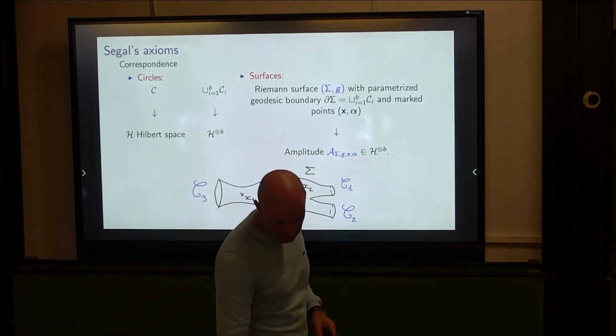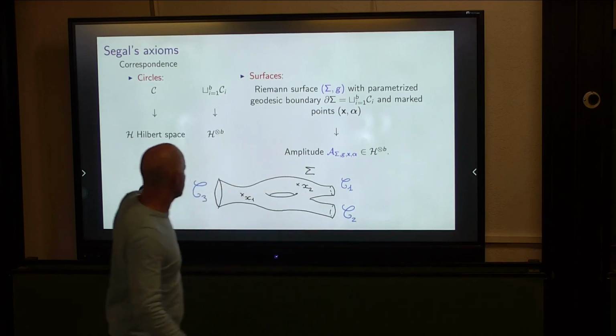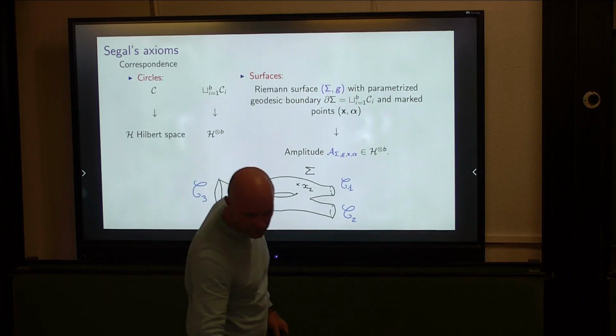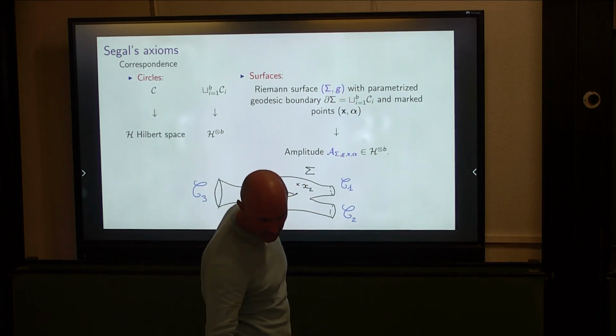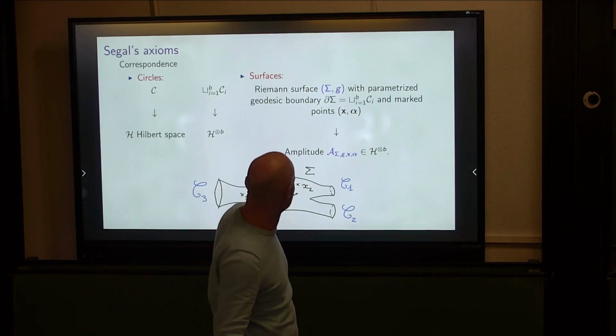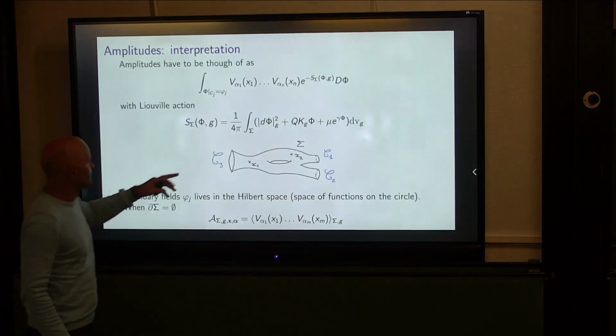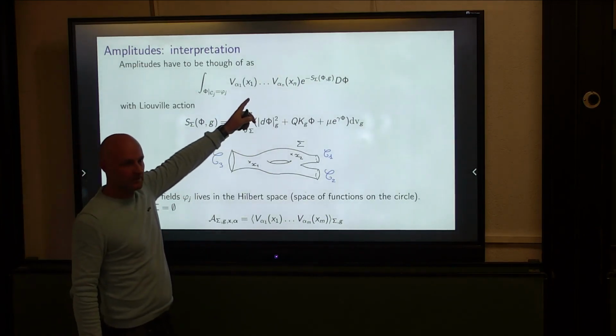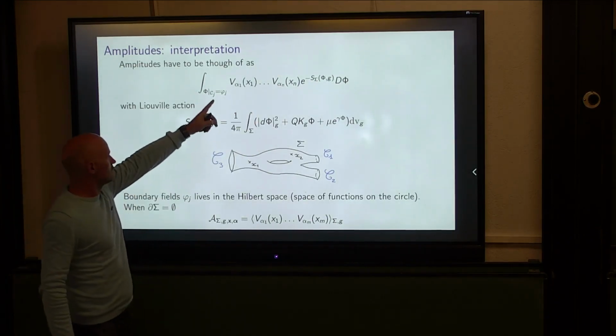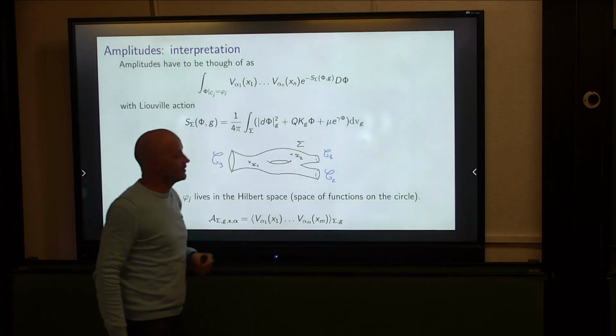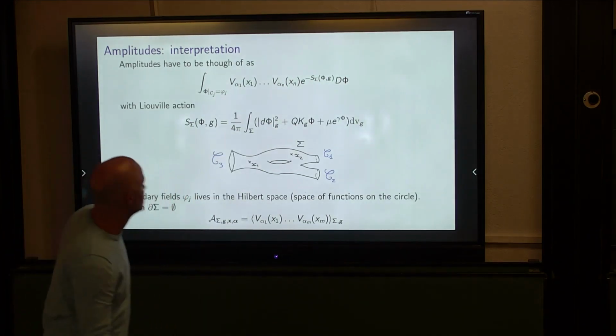Okay, so I will discuss in a minute how you construct the Hilbert space and the amplitude in the Liouville theory, but first I want to explain why you use this amplitude. The idea is that they represent your path integral, but conditioning the integration variable on some boundary fields.